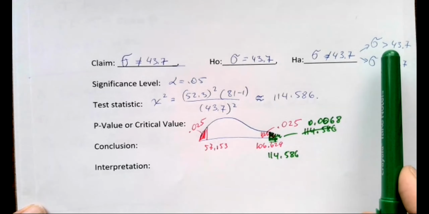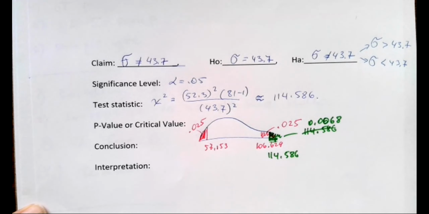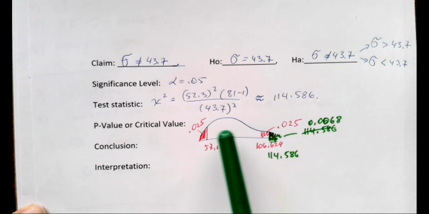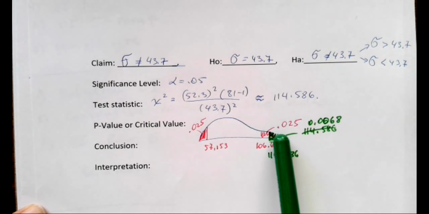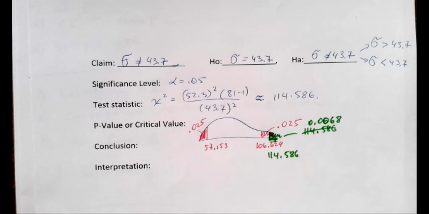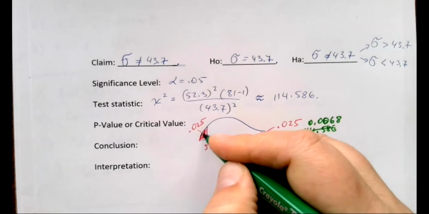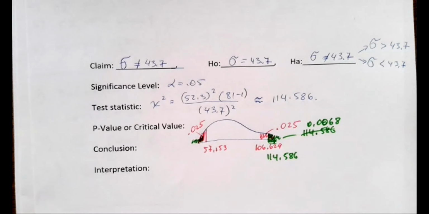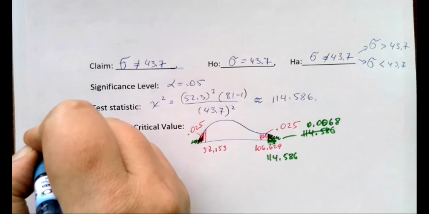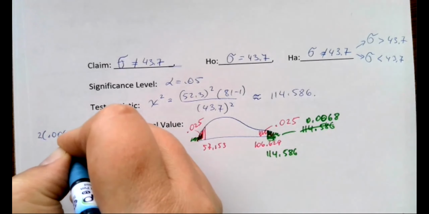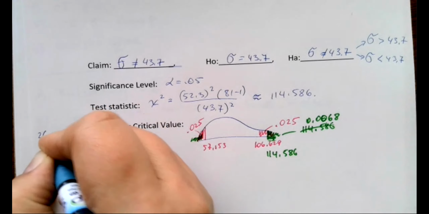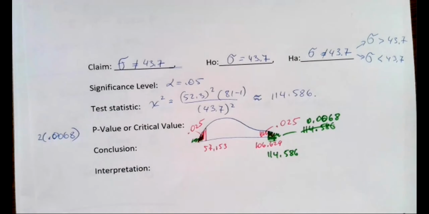But if you're asked to actually find the p-value, because it is a two-tailed test, you have to reflect this area to the other side as well. So the p-value for this test is going to be 2 times 0.0068, just because it's a two-tailed test.